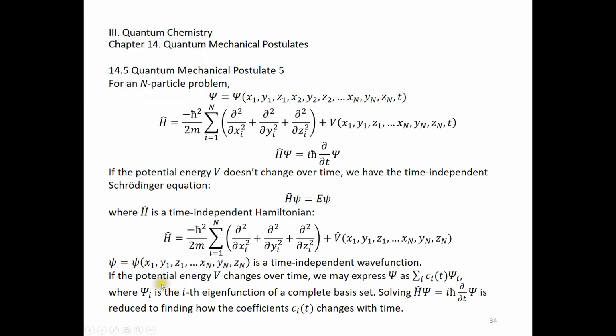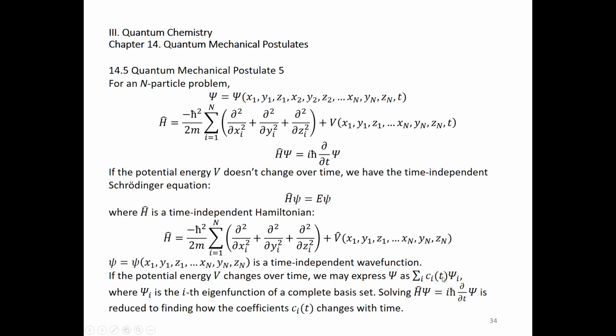If the potential energy V does change over time, we can express psi as the sum of c_i psi_i. It gets a little complicated. c_i is a coefficient of psi_i, but this coefficient may change with time.